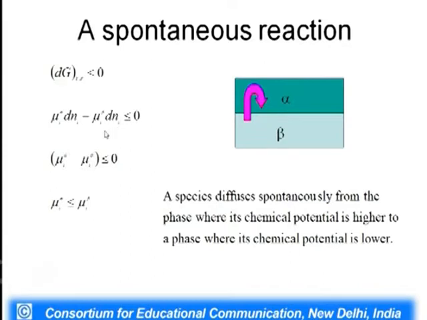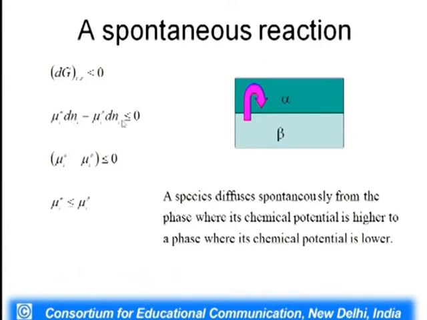Now, when we talk about beta, what we have got is mu_i^beta. We are taking minus dn_i, since we know that the component i is moving from beta to alpha. So, the change will be minus dn_i, and the equation we have is mu_i^alpha dn_i minus mu_i^beta dn_i less than or equal to 0.